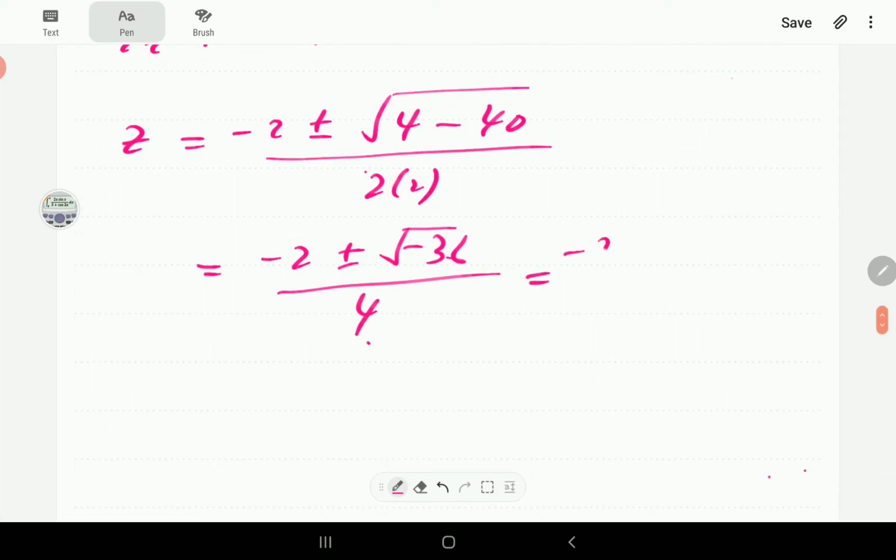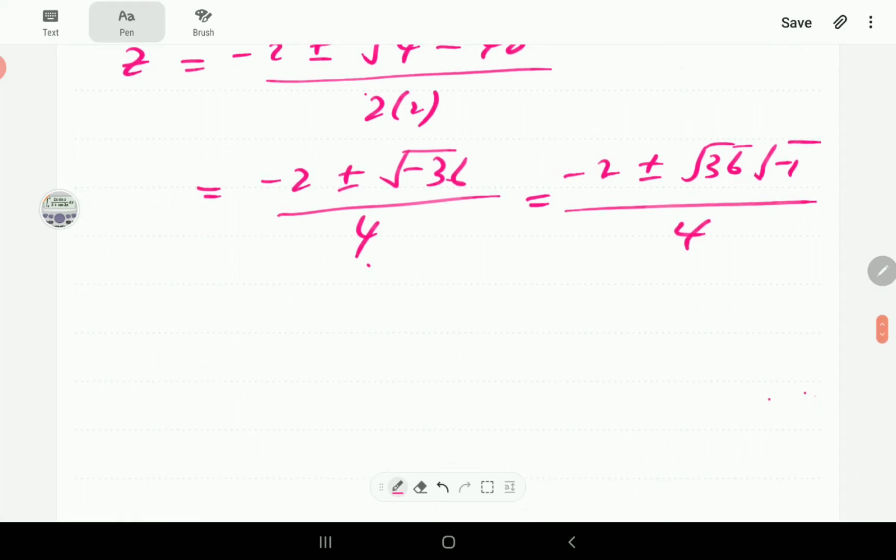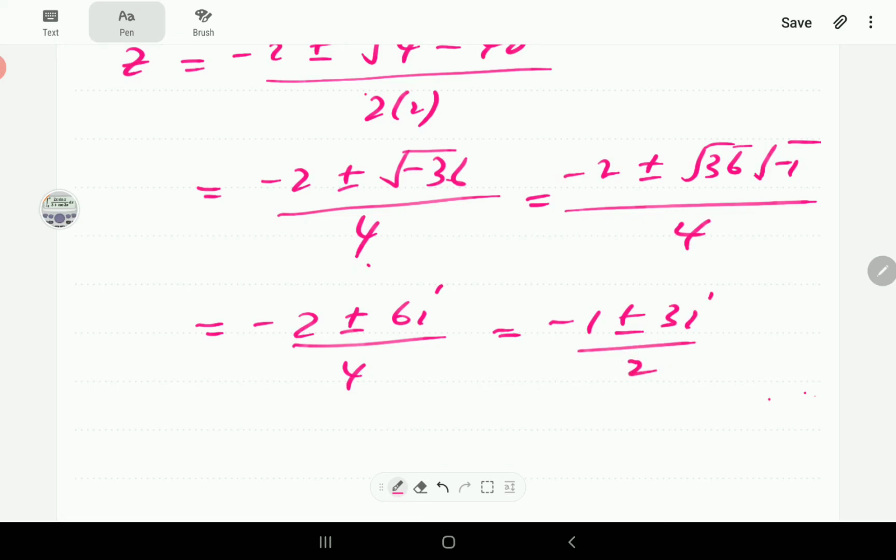The square root of negative 36 we can write as the square root of 36 times the square root of negative 1, and the square root of negative 1 is i. So this is negative 2 plus or minus 6i all over 4, which is minus 1 plus or minus 3i all over 2.